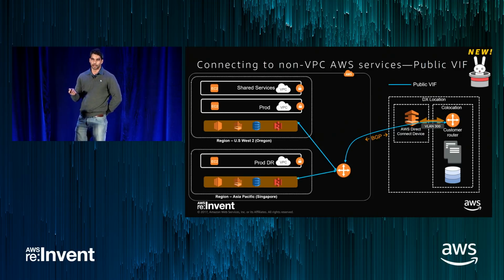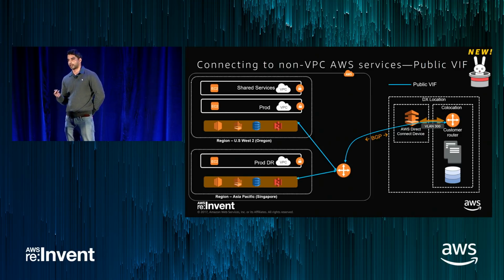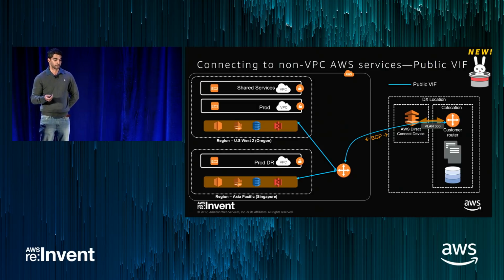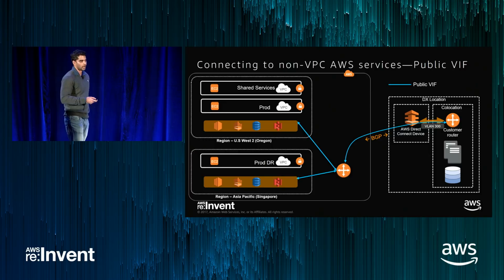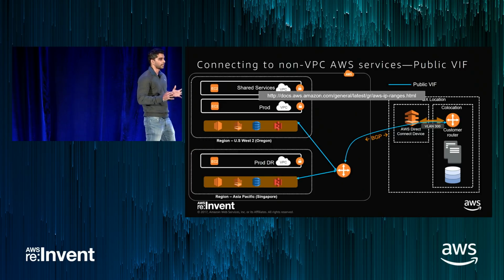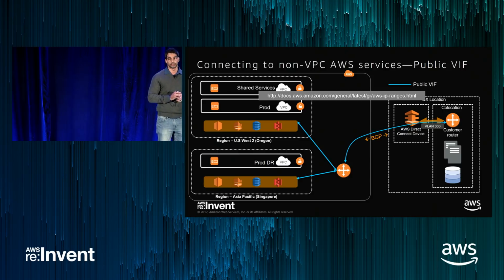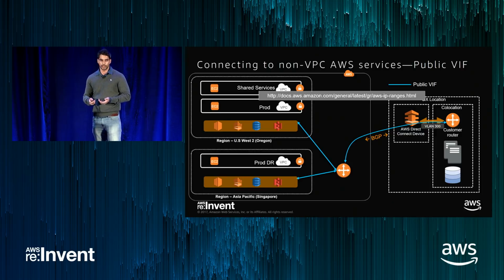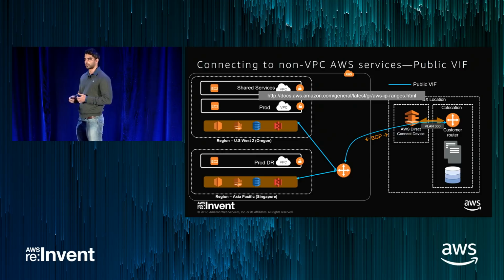And here we are talking about non-VPC resources like S3, DynamoDB, and EC2 public API endpoints and public IP addresses. Now, as part of the route advertisement, we will advertise to you the entire AWS public IP range, and this includes over 2,000 prefixes. So this might get a little overwhelming, and you can actually go and check this link. That's where we list all the IP addresses.